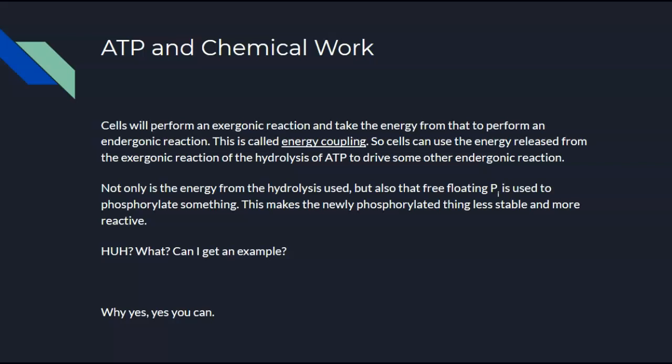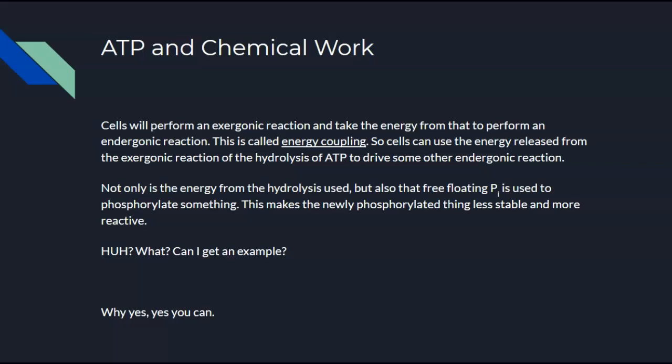We break down ATP and release some energy, and that energy is used to do that other energetically non-favorable reaction. This is called energy coupling. Use the energy released from breaking down ATP to do a reaction that wouldn't normally happen. You pair them up together.